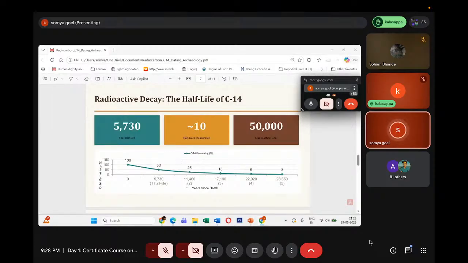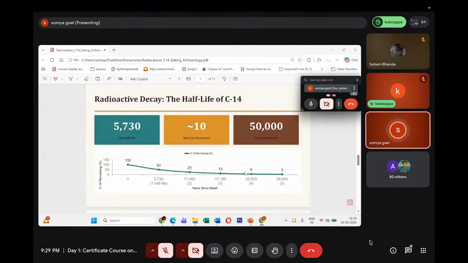After another half life, that is another 5730 years, a total of 11,460 years, we'll be left with a quarter of the total, like of 100. And as we move on, we'll be left with half and half and half of whatever the recent value was.